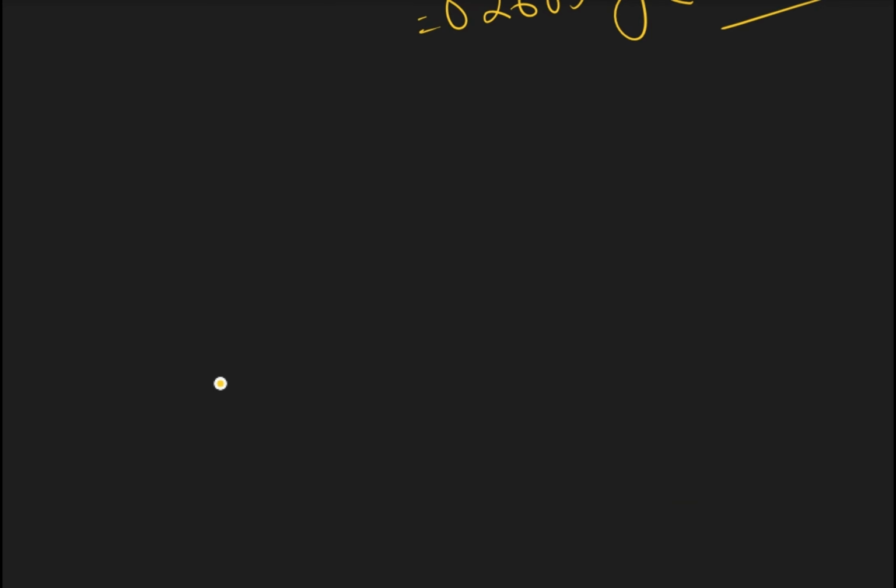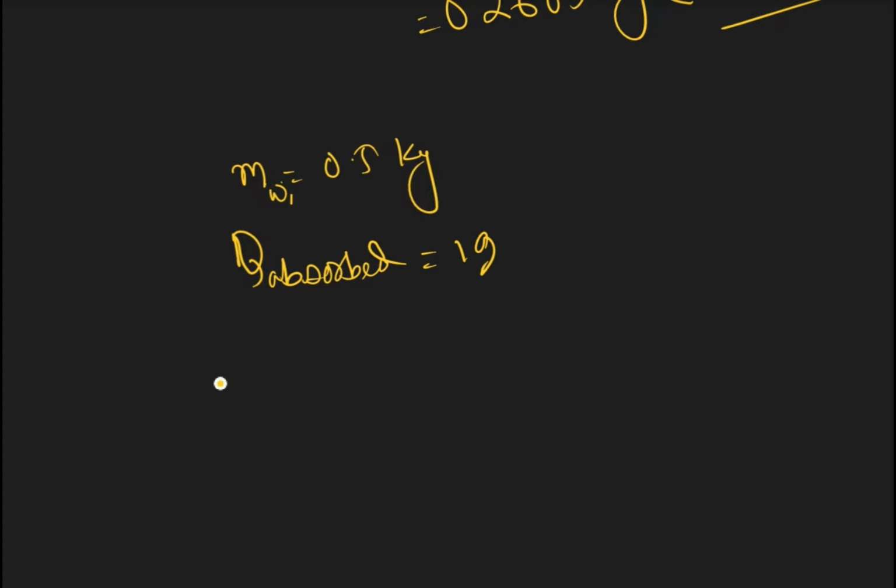In this part, the mass of wire, let's say M wire, is equal to 0.5 kgs from the question, and the heat absorbed, let's say Q absorbed, is equal to 950 joule, and the temperature change, delta T, is equal to 30 Kelvin.